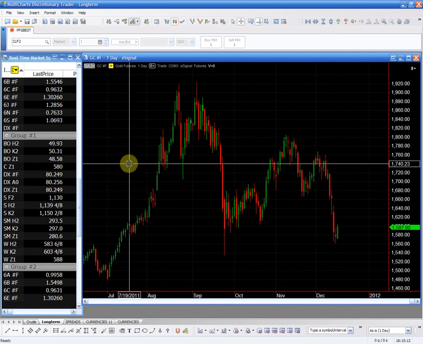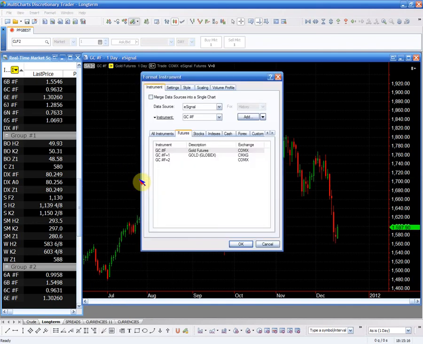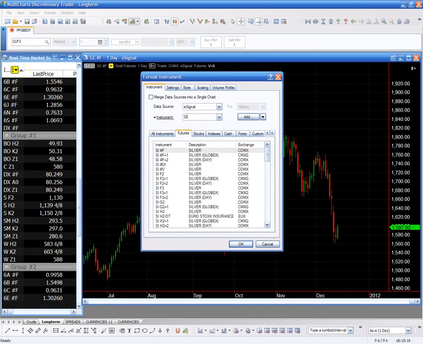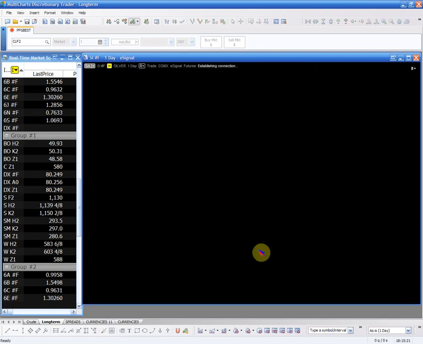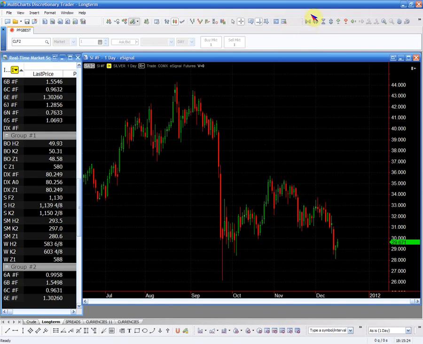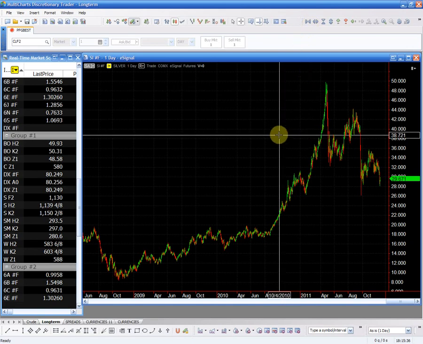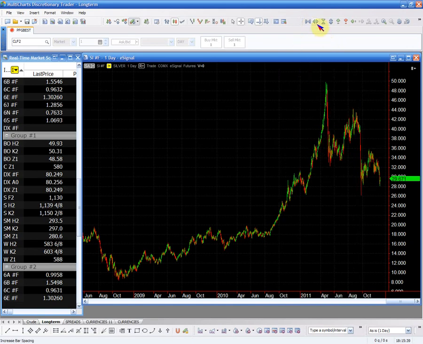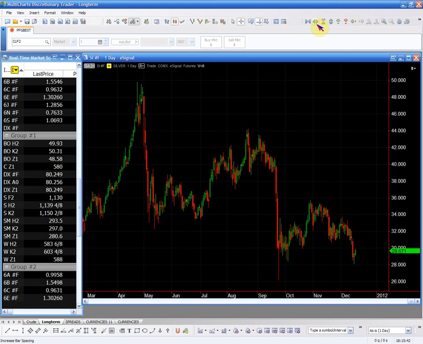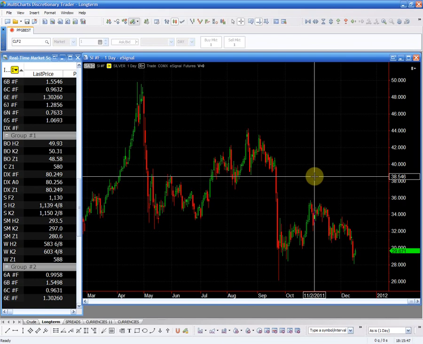And if you look at silver, again it's weak. I would like to see more weakness to the downside in silver, but all those weaknesses that you see in commodities are supportive arguments that the dollar should be continuing to the upside.